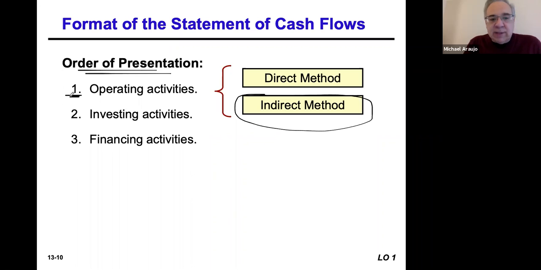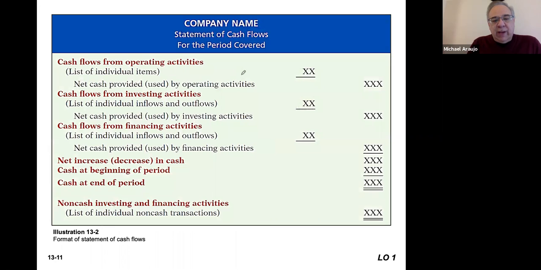Operating activities are always listed first. Investing activities are always listed second. Financing activities are listed third, followed by the change in the amount of cash. Okay. So when you look at any statement, and this is a statement, this is on page 554. So if you're in your book, this is page 554.